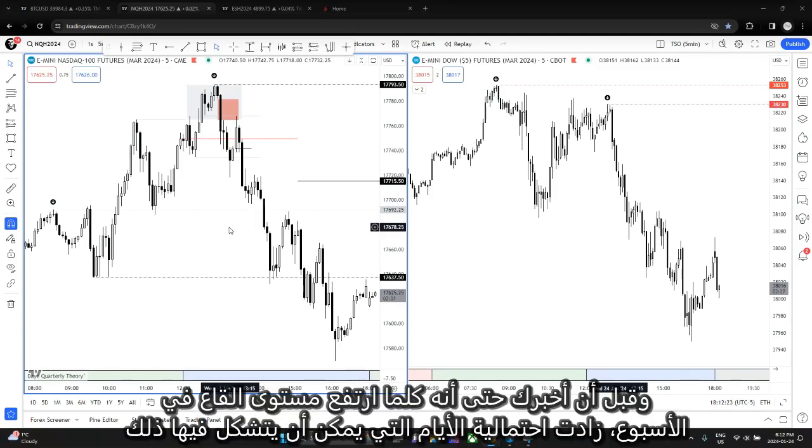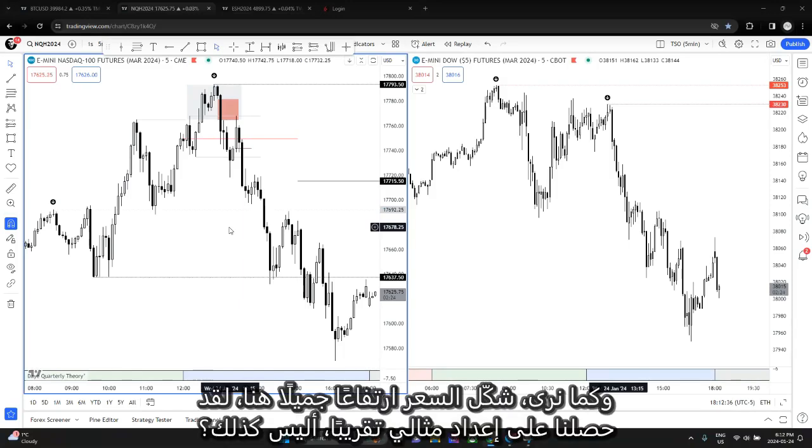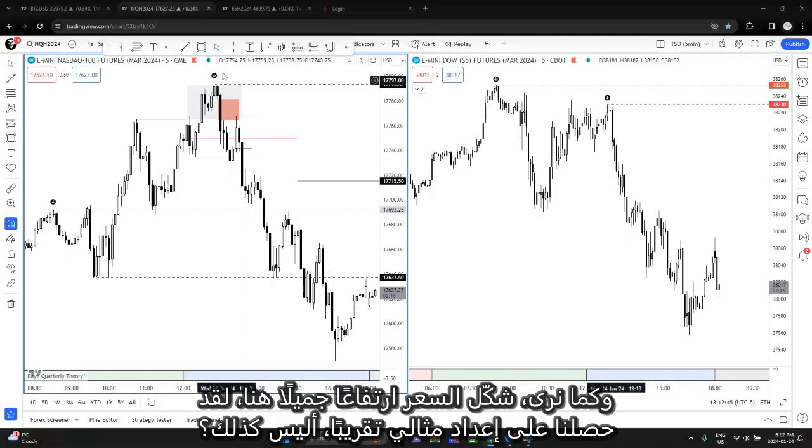And before I even told you that the higher the low of the week, the higher probability days which that could be forming on would be either Wednesday or Thursday, right? And as we can see, price formed a beautiful high right here.